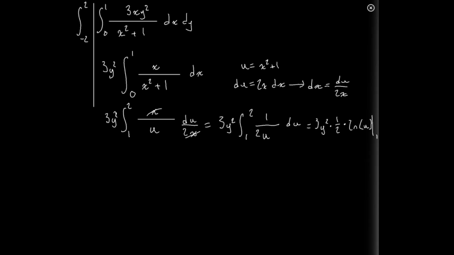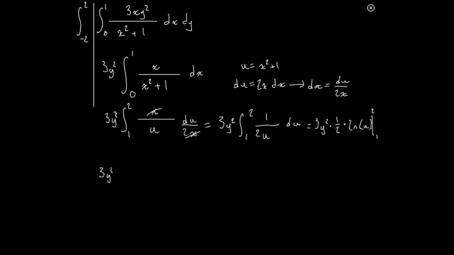So that looks like this. I don't know why my tablet's bugging out on me, but okay, so 1 and 2. Great. So let's go ahead and plug that all in and figure out what that comes out to.